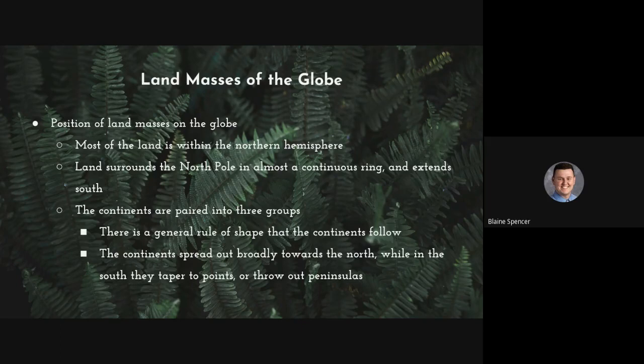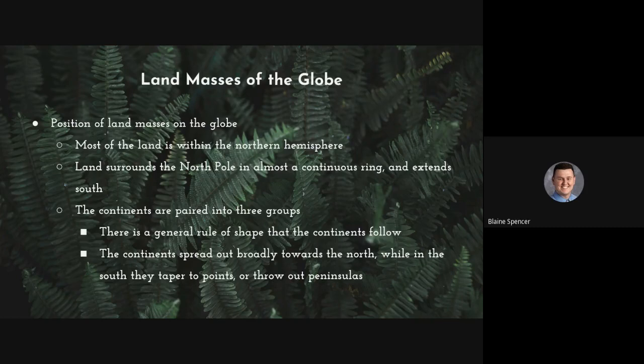It starts from the North Pole in a ring and then spreads out across the world. Because of this, we see that the continents are paired into three groups. We see this in God's unique story, God's unique history. God really paired the continents together.